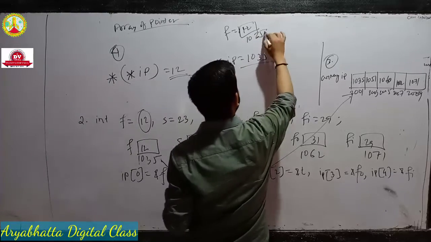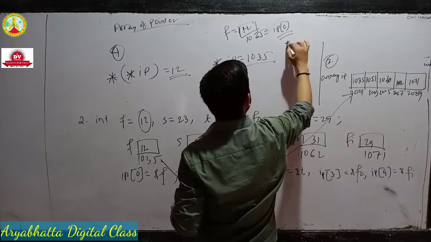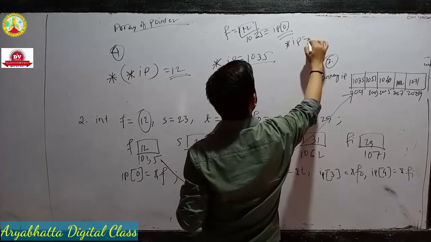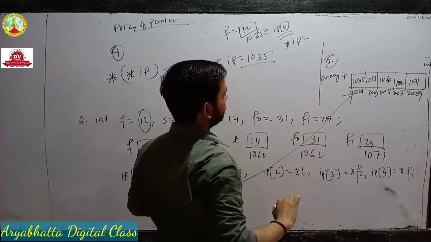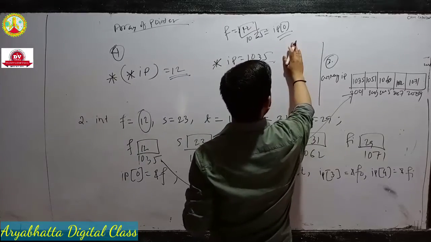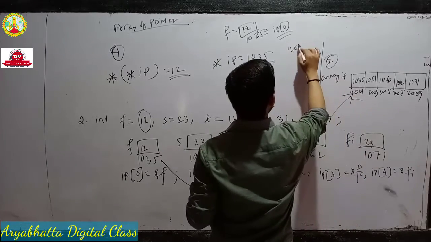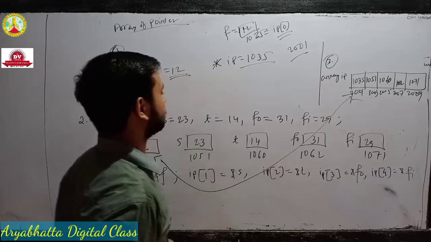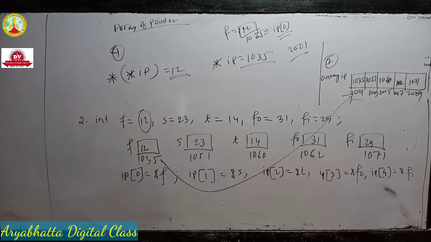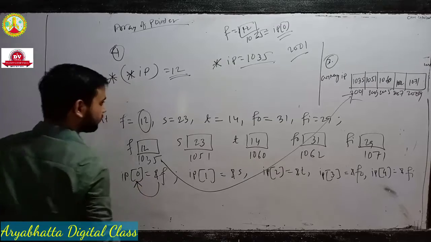And what is stored at 1035? IP0. If you store IP0, it has a memory address of 2001. This is the concept.